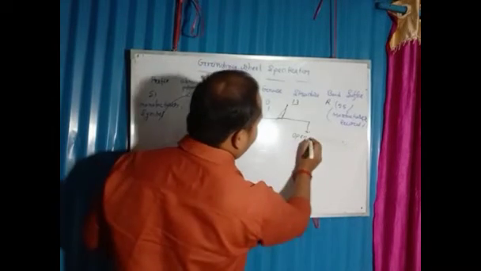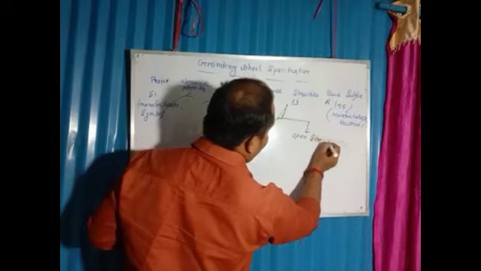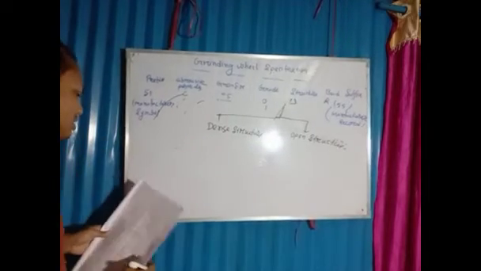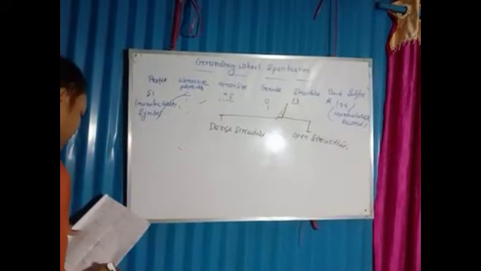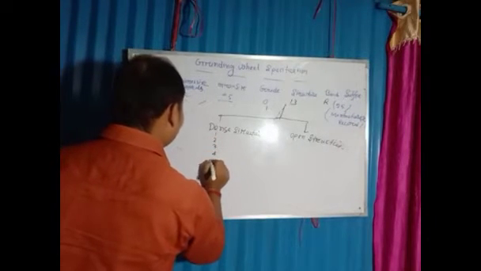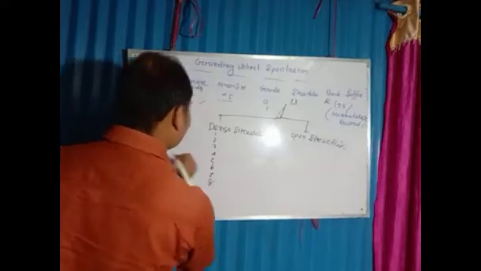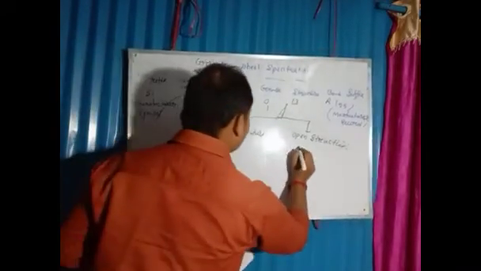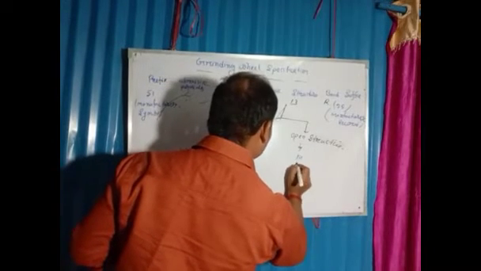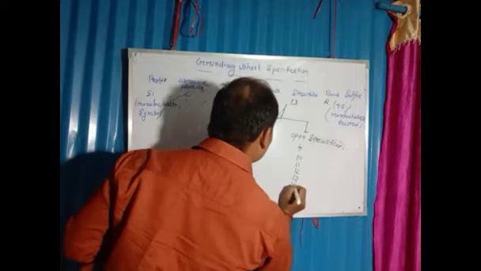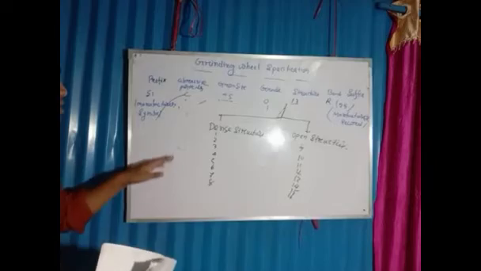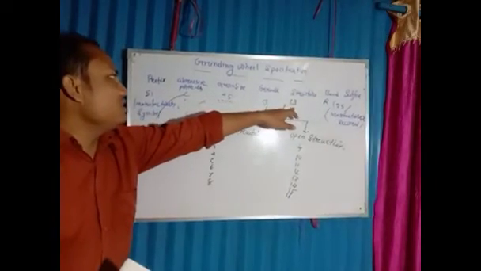Dense structure is denoted by 1 2 3 4 5 6 7 8, up to 8, and open structure is denoted by 9 10 11 12 13 14 15 and 16 last. So here we can see the structure is 13.